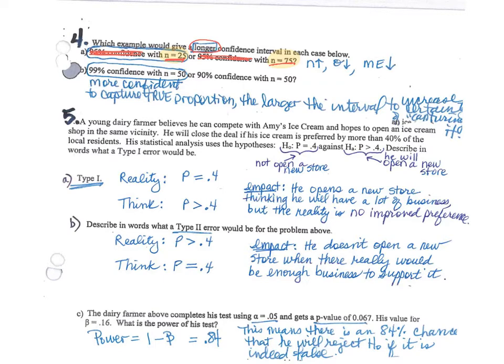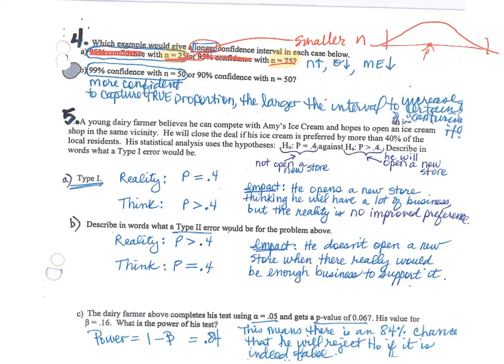The smaller one. Remember, a smaller n makes a wider curve, so it would be a longer interval. If that was your p hat, you would make your interval wider with a smaller n.